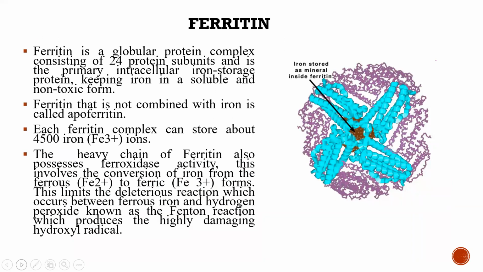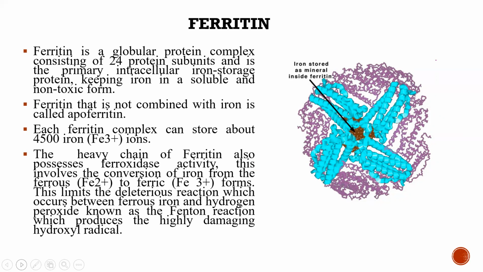Ferritin is a globular protein complex consisting of 24 protein subunits and is the primary intracellular iron storage protein, keeping iron in a soluble and non-toxic form. Ferritin not combined with iron is called apoferritin. Each ferritin complex can store about 4,500 iron ions.